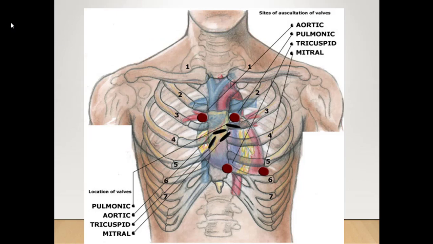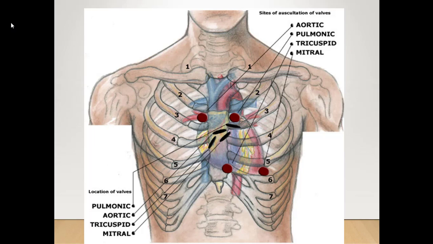I'm pretty sure we went over this in my first semester clinicals that we just finished up with: where to listen to the valves. On the right side between the second and third intercostal space, you will hear the aortic valve.